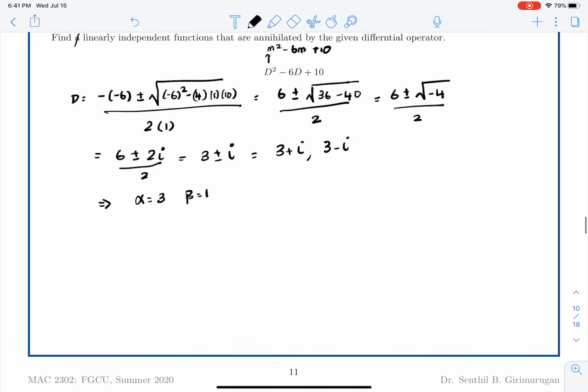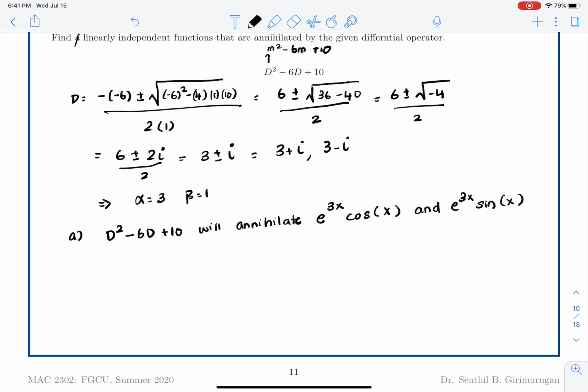So d squared minus 6d plus 10 will annihilate e raised 3x cosine beta x, which is 1x, and e raised 3x sine beta x, which is 1x.